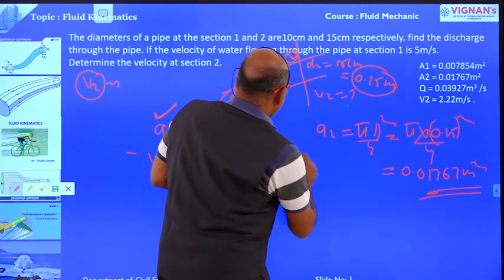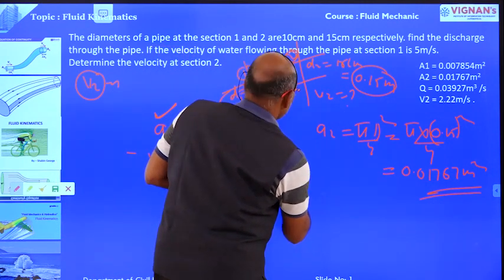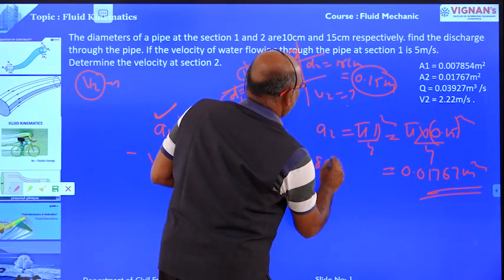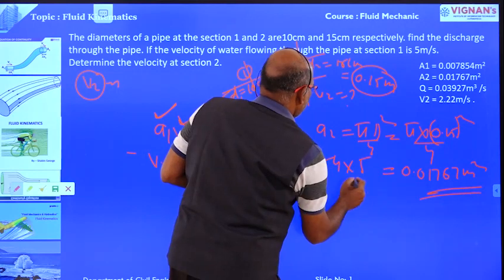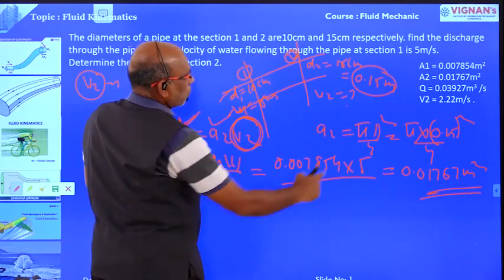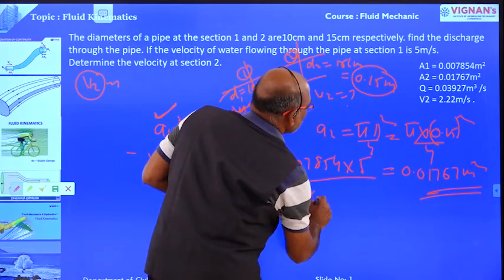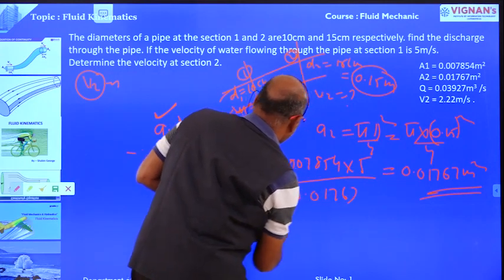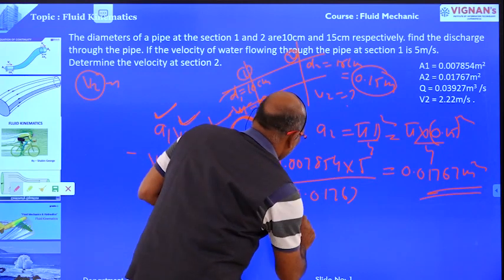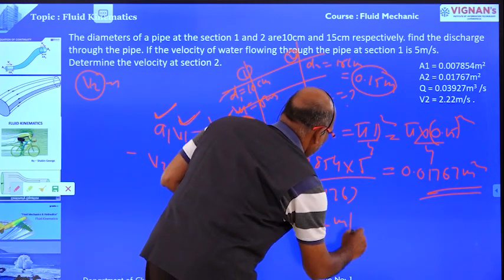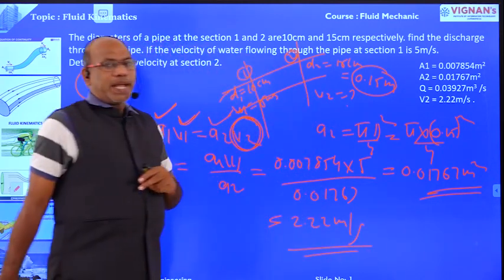A1 is already determined, that is 0.00785, into the velocity 5 meters per second, divided by A2, which is 0.01767. Therefore the velocity at section 2-2 is equal to 2.22 meters per second. Right.